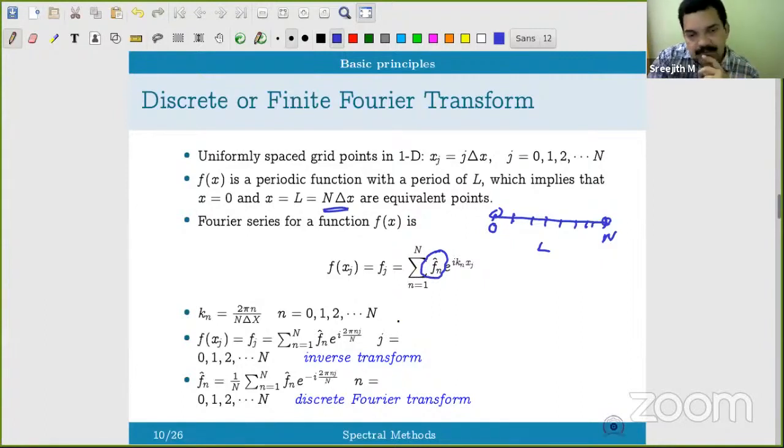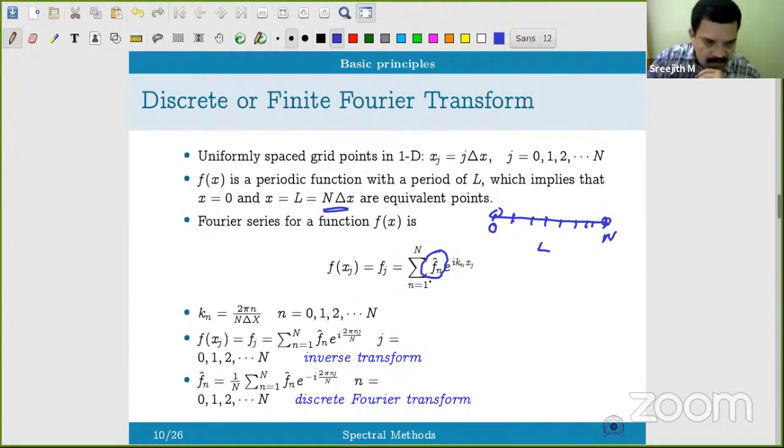And using the inverse transform, we can go back to the physical space. So actually, when you take the Fourier transform, we are transforming the physical variables, the space variable x and time, to the configuration in frequency space. It is the wave number and the time.